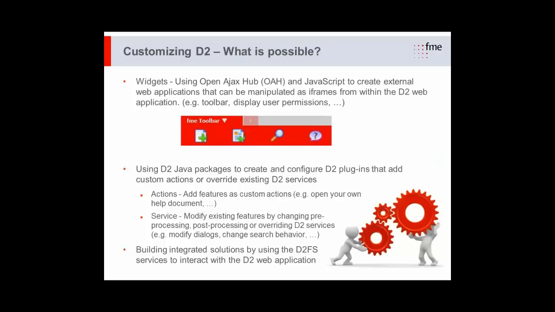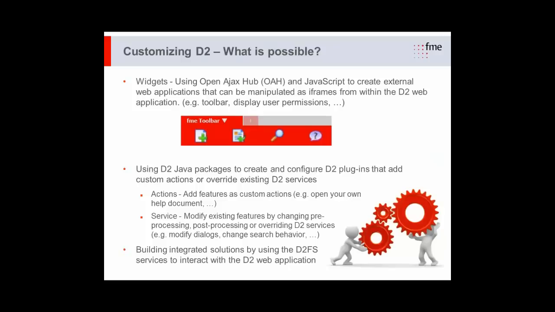Services. This is also very important in D2. You have a lot of possibilities to modify the D2 behavior with services. So if a user executes a function in D2, the D2 client calls a service, and you have the possibility to override this service and change the behavior. So there are three possibilities.